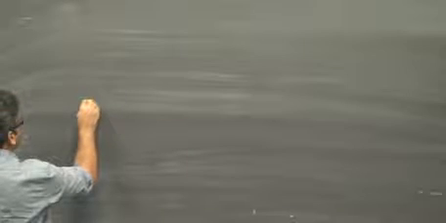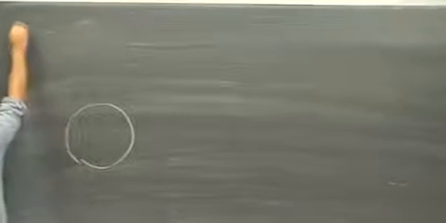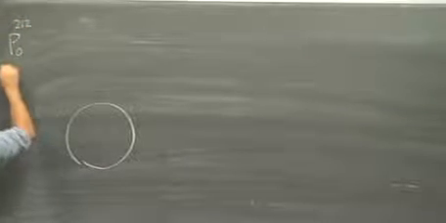So here we are talking about polonium, which has atomic mass 212 and atomic number is 84.